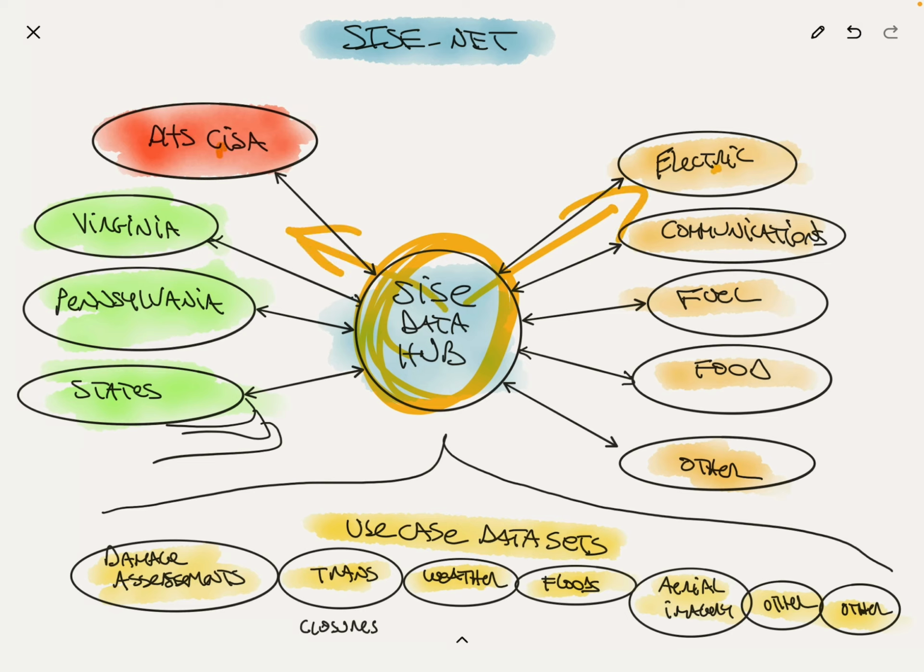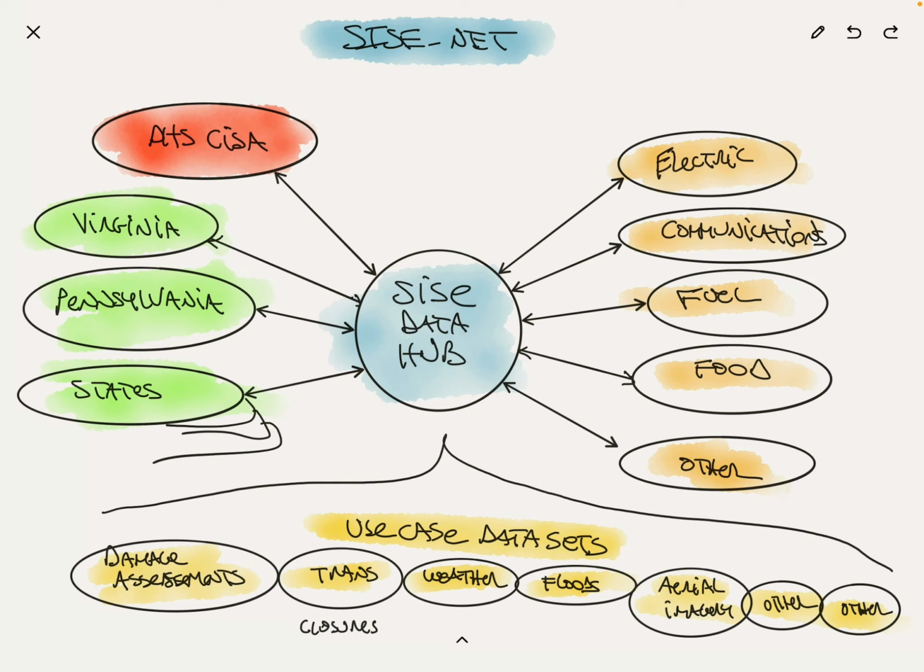And all of these people work to find the data, vet the data, organize the data. So it's a consortium of people managing the data source, right? And that's what makes SISE-net work. So today we have this working right now. CISA is plugged in through GeoCollaborate, kind of a middleware software package. Dominion is using Esri, and Virginia is using WebEOC.